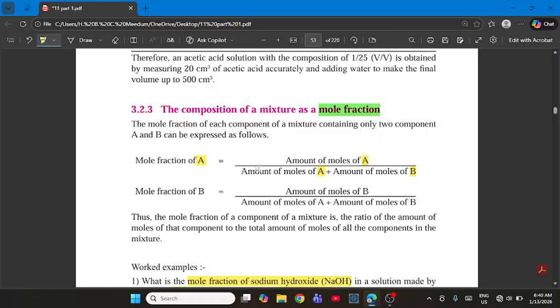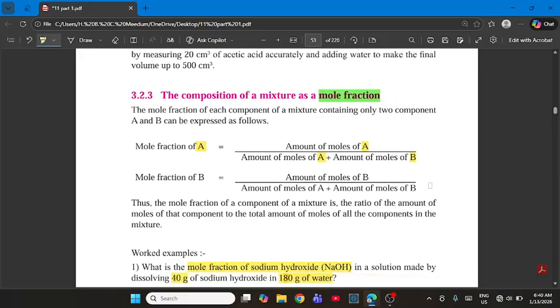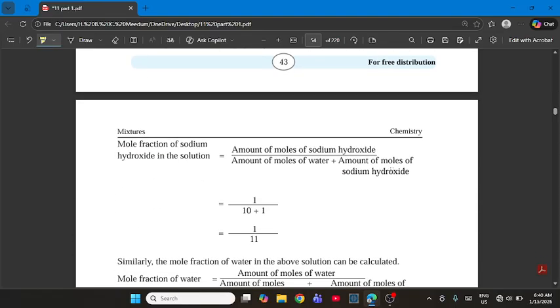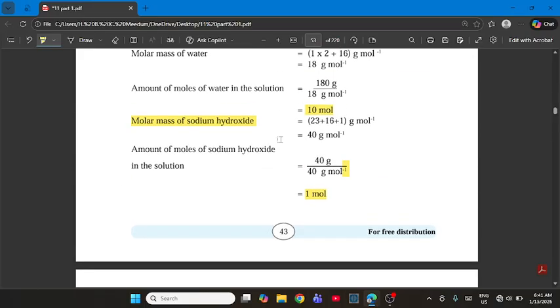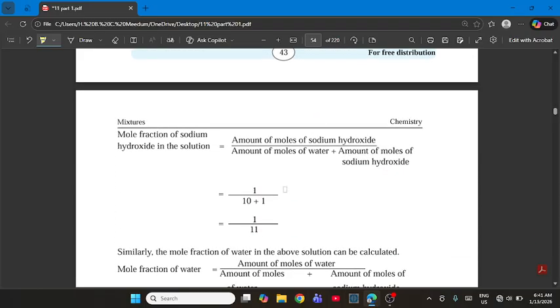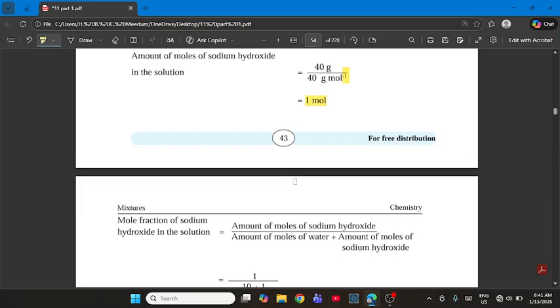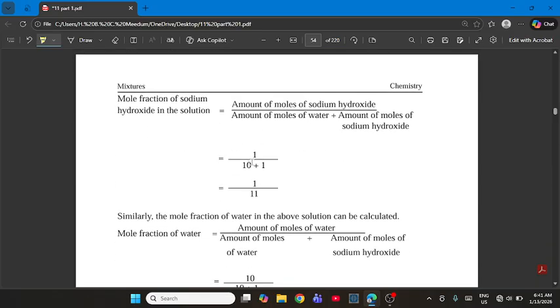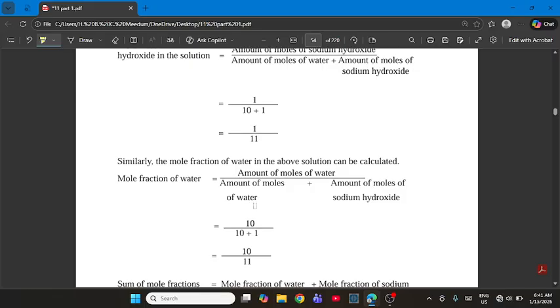So 1 over 1 plus 10 means 11. 1 over 11. Mole fraction of sodium hydroxide in the solution: amount of moles of sodium hydroxide is 1, amount of moles of water found here is 10. Then again amount of moles of sodium hydroxide is 1. So 1 over 11. Okay.